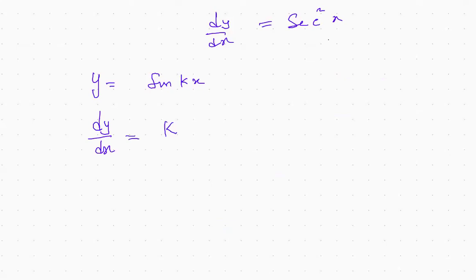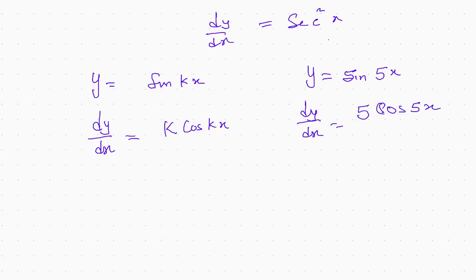The practical example is y equals sine 5x, so dy/dx will be equal to 5 cos 5x.